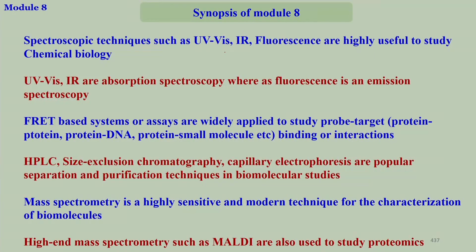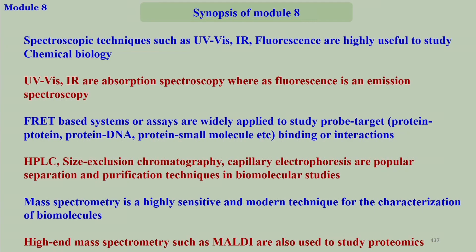In this module, we have talked about spectroscopic techniques such as UV visible, infrared spectroscopy, fluorescence, that are highly useful to study chemical biology. UV visible and IR are absorption spectroscopy, because their working principle is going from the ground electronic state to the higher excited electronic state.